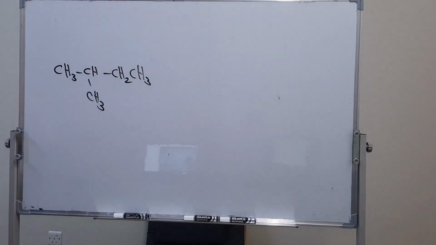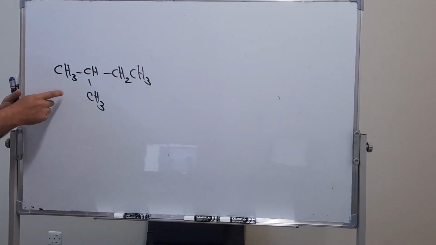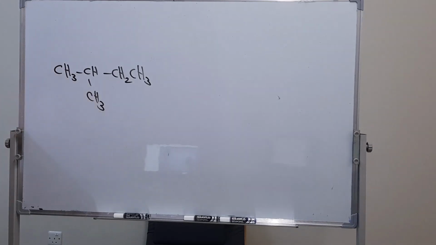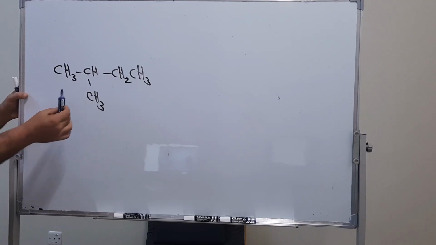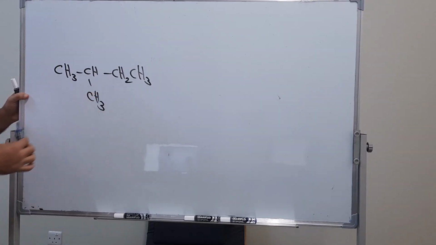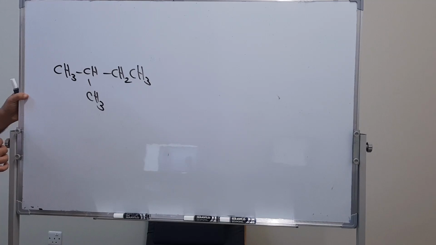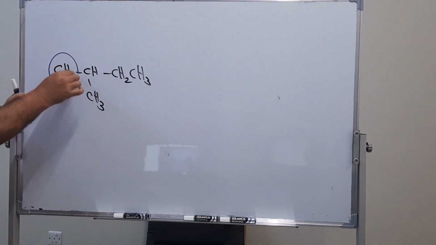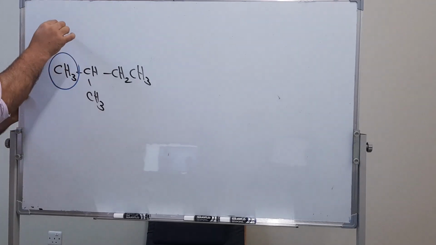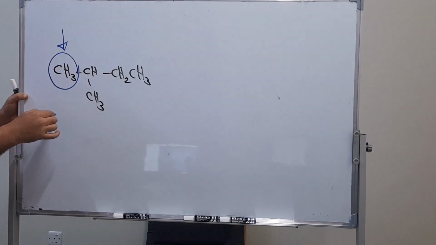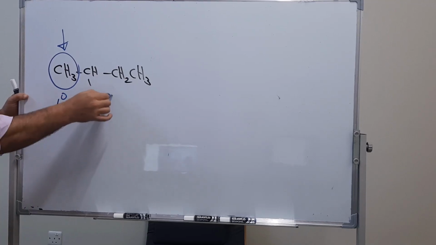For example, what type of carbons do we have in this molecule? What's the classification of this carbon? Primary. What's the classification of this carbon?